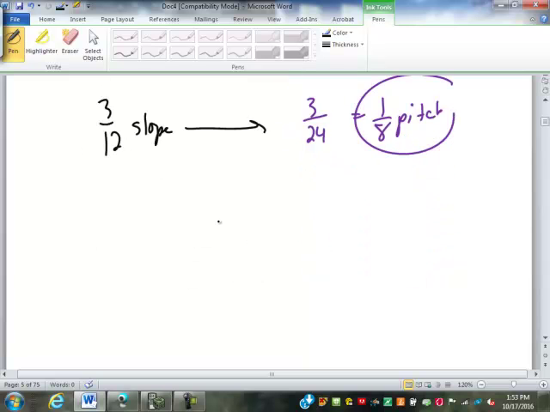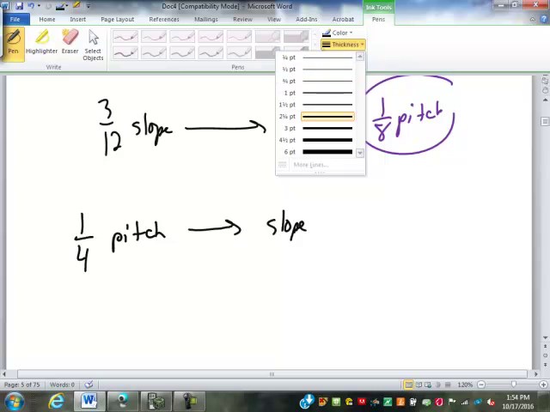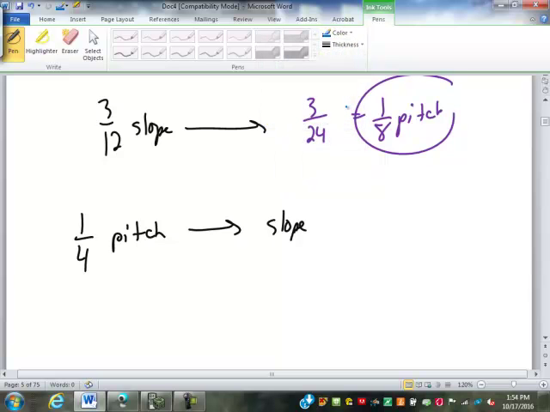What if I want to go the other way? What if I've got a 1/4 pitch? I want to convert it back into a slope. Not as hard as it looks. What's 1/4 times 24?